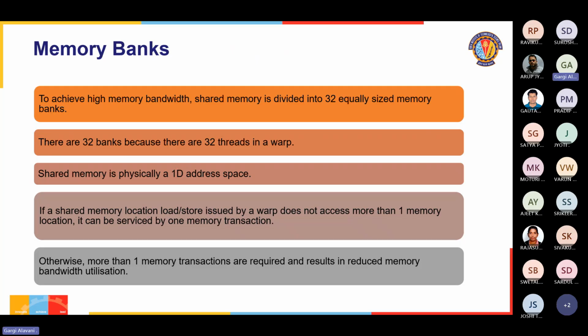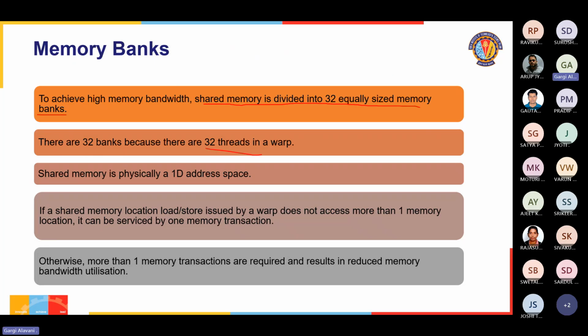Now, how shared memory is available to you: shared memory is divided into 32 equally sized memory banks. Your shared memory on your SM is divided into 32 banks because we have 32 threads in a warp.